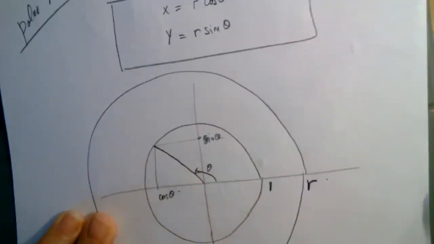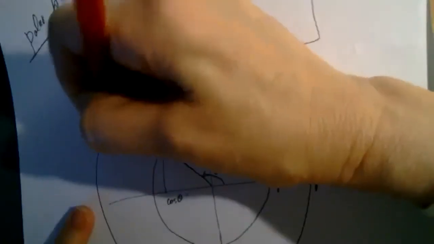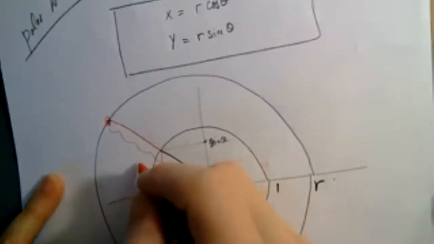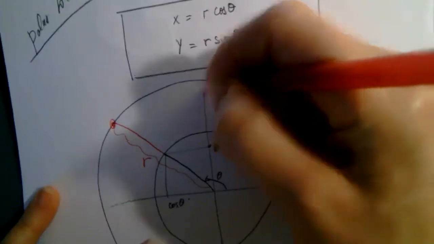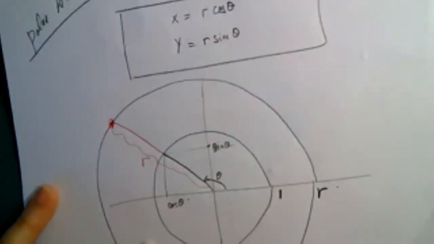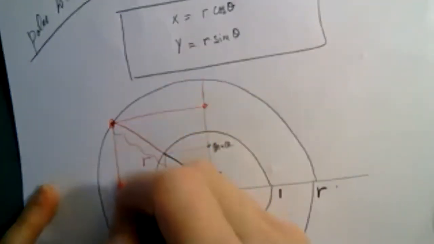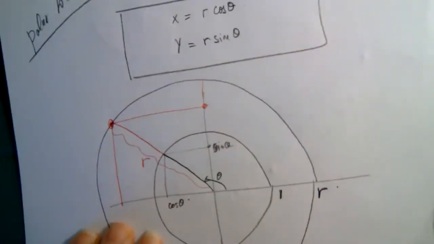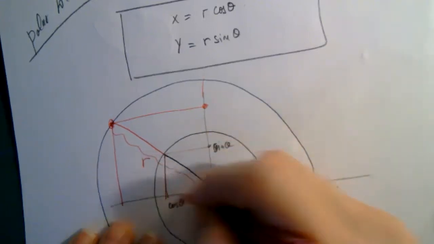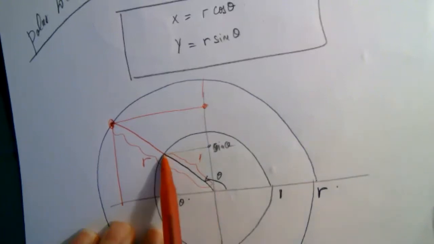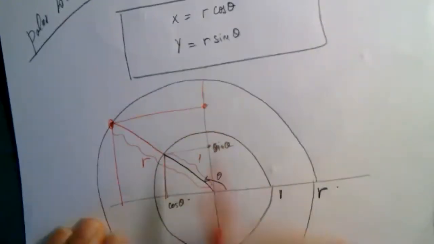What will happen to the point if I take this point and stretch it so that the radius becomes r? What will be the x and y coordinates of this point? That's the y and that's the x. By using similar triangle ideas, this is the unit circle, so if I stretch this hypotenuse by r, this side will have to be stretched by r.